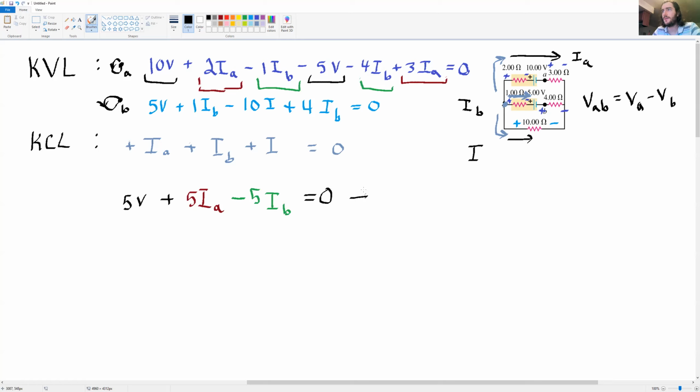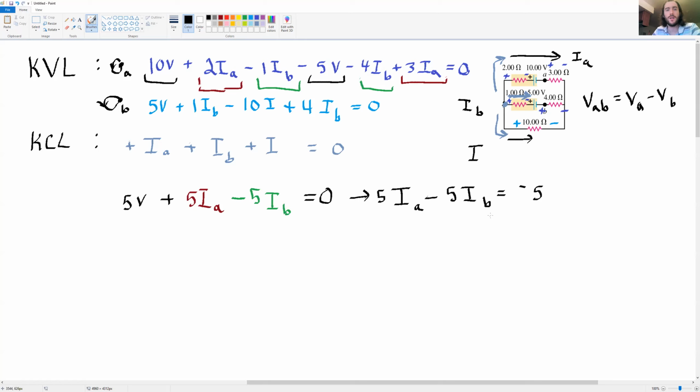A nice thing to do, oftentimes when you're doing 3 or 4 equations with 3 or 4 unknowns, is to use matrices to solve these. And the best way to go about doing that would be to write the equation with the constant term on the other side. So 5IA minus 5IB is equal to minus 5.